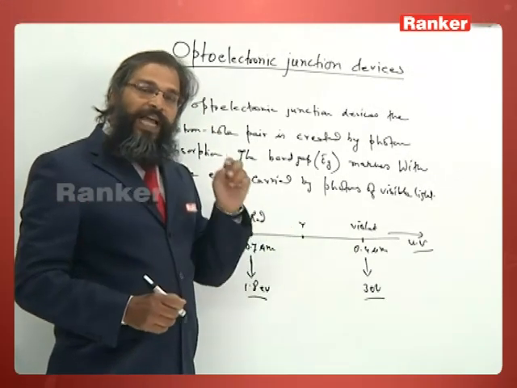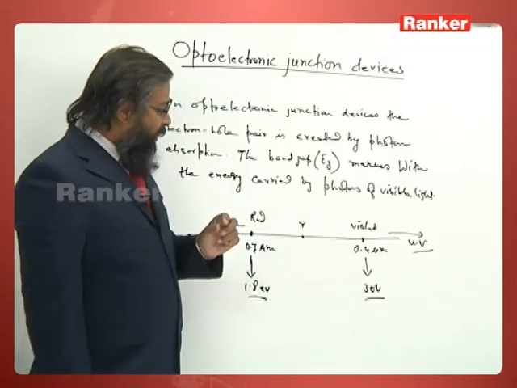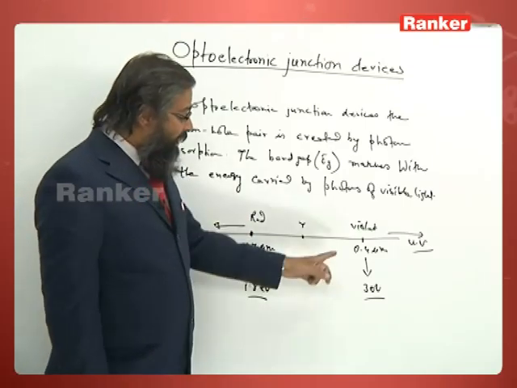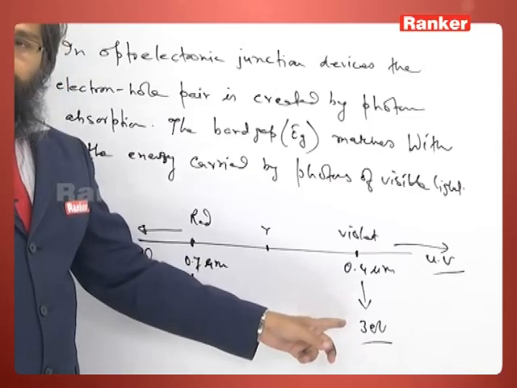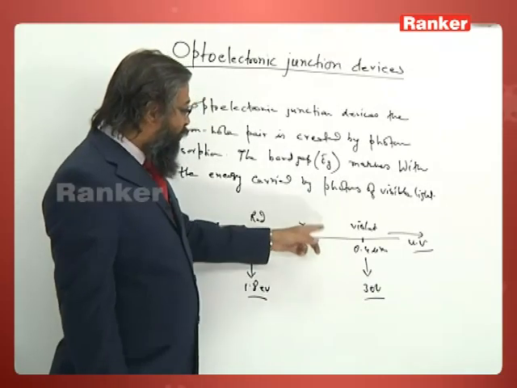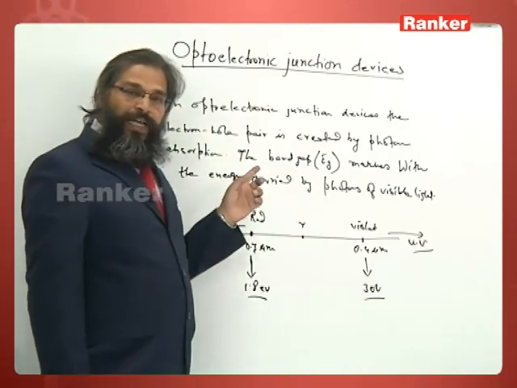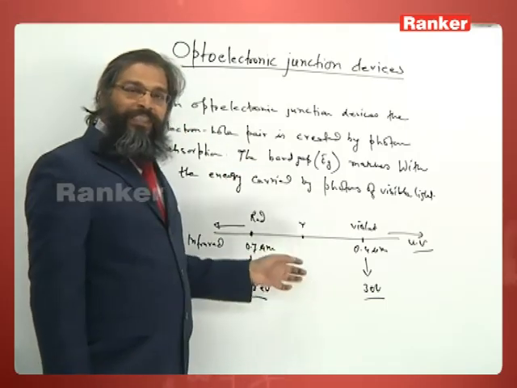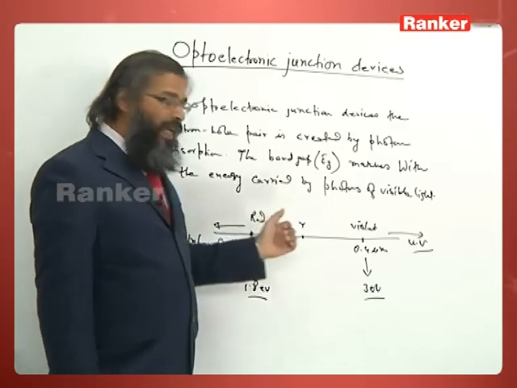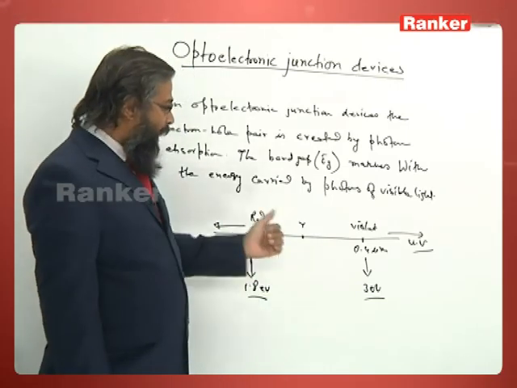That means for that junction, that diode, that LED, the forbidden gap will be this much. So, depending on which type of light we want to interact with the junction diode, we have to select the material, and we have a different class of material to do that.